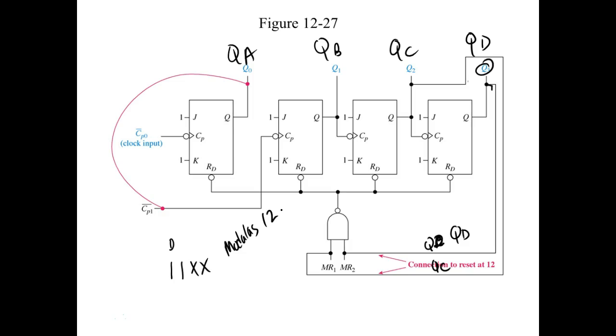Okay, so if we reset at 12, we will set the counter at 12. So we're starting from 0, and we're going to count all the way up, and as soon as it tries to see this, it's going to reset back to this.